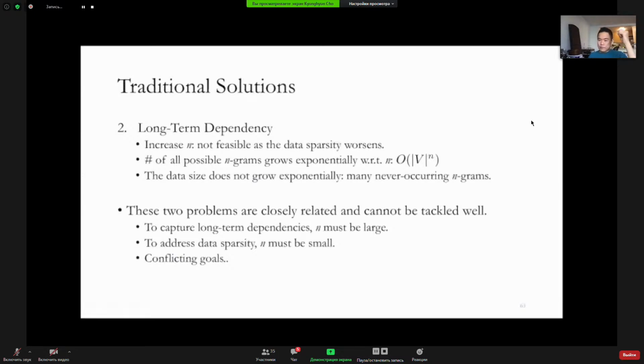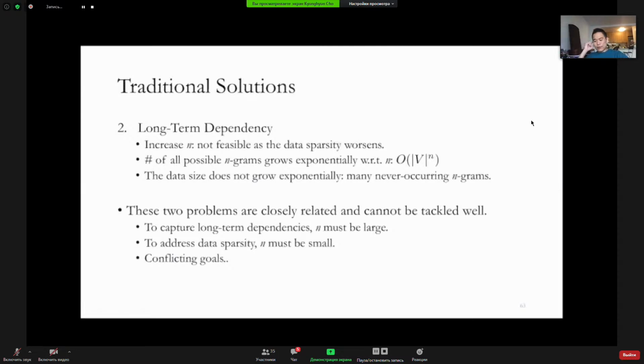In other words, we cannot really solve these two problems altogether. We can solve the problem of data sparsity by decreasing n, or using some smoothing methods, or we can solve the problem of long-term dependency by increasing n. However, that makes the first problem so much more severe.